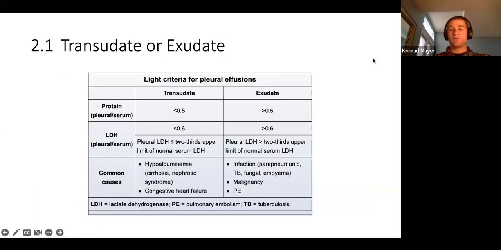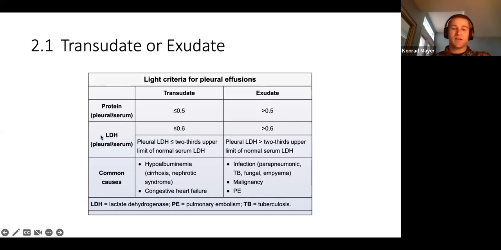Okay, so now to the important Light's criteria. These are some of the numbers that you should definitely memorize. Most numbers you can look up and it's all good, but these are numbers that you should memorize. There are three numbers we want to memorize: 0.5, 0.6, and 2/3.